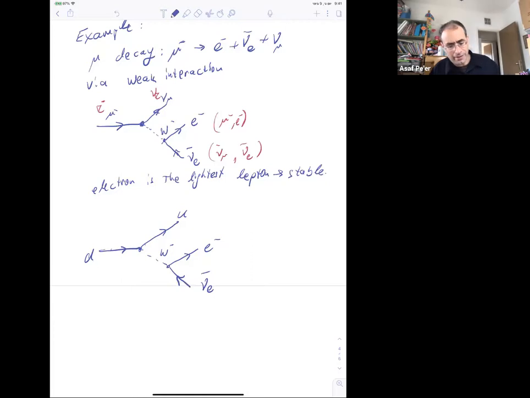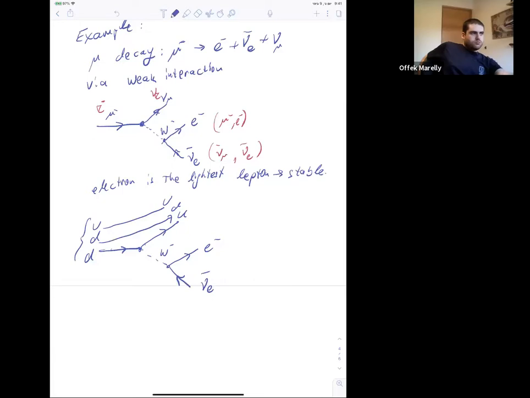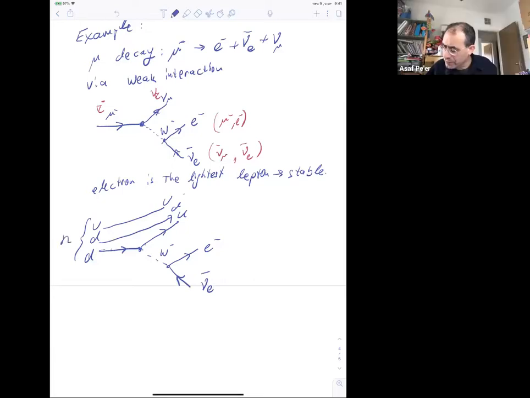But the down quark can be bound to another down quark and to another up quark. If you remember, what is a combination of up, down, and down? A neutron, that's correct. And what is a combination of an up, down, and up?